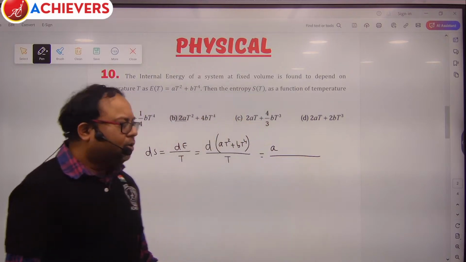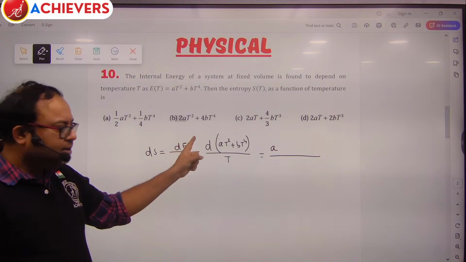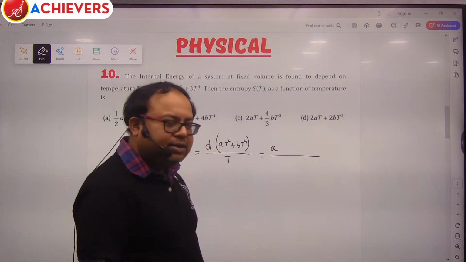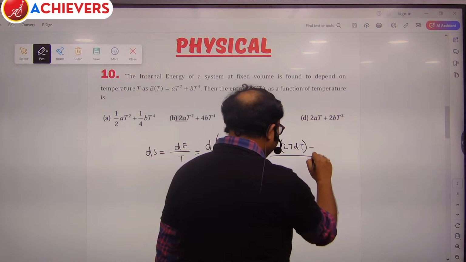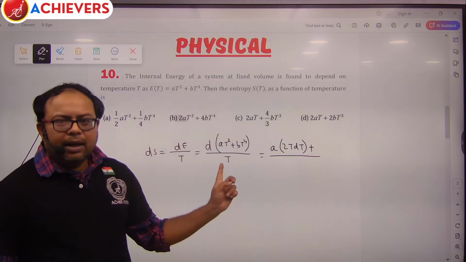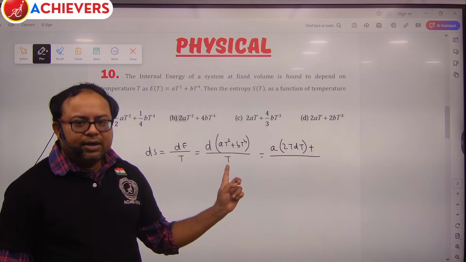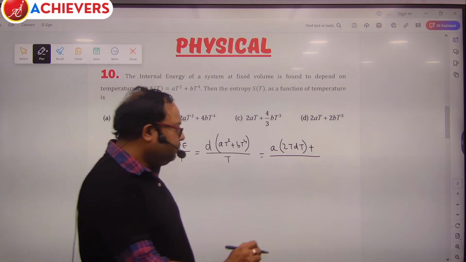Now a, being a constant, is pulled out of the differentiation. Differentiating t square, it becomes 2t dt. Again, b being a constant is pulled out of the differentiation.